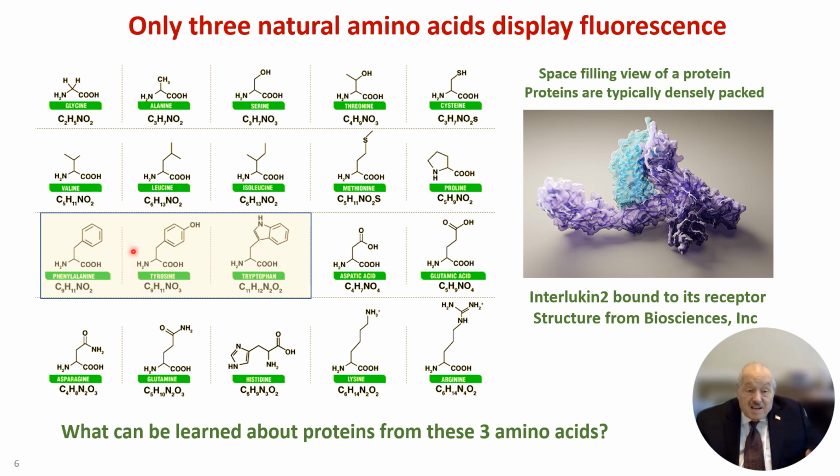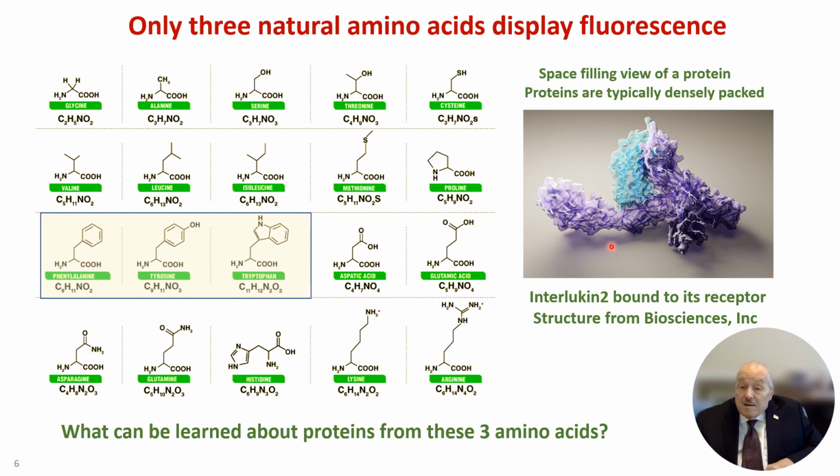Phenylalanine is just that, it's a phenyl group on the alanine amino acid. Then we have hydroxylated phenylalanine, which is tyrosine. And then we have tryptophan, which has the indole moiety, which is responsible for most of the emission that we see from many proteins.